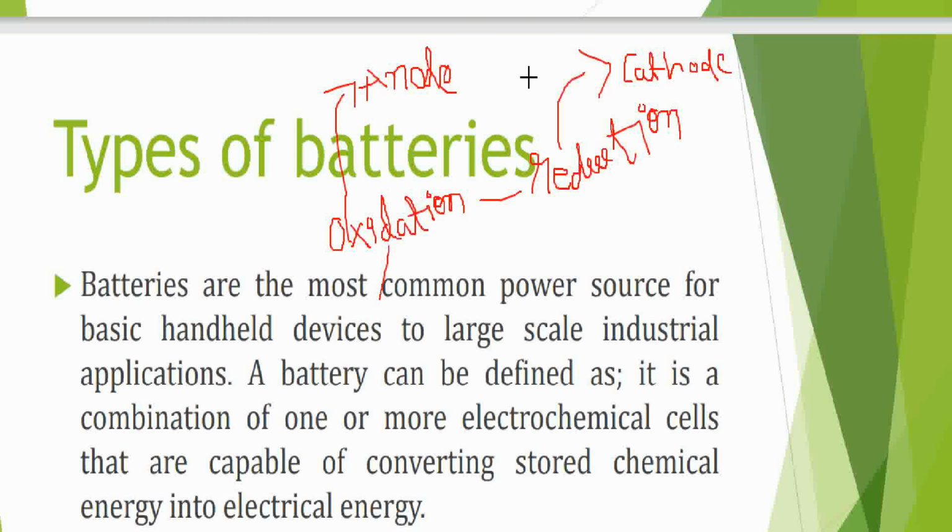Whatever electrons are released are accepted by the cathode. The cathode is an electrode where the reduction occurs, which accepts the electrons from the external circuit. An example is metal oxide.